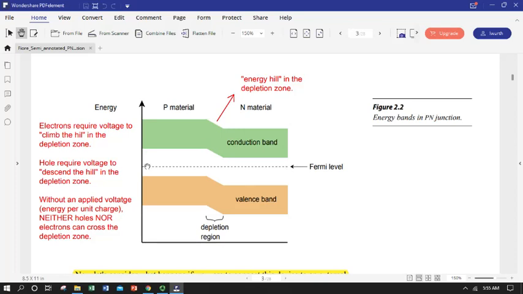Remember, in an N-type material, this Fermi level was really close to the conduction band because we created that donor level in the middle of the forbidden zone, so we could promote electrons to the conduction band really easily. We can see this over here. The Fermi level now is pretty close to the conduction band, because we've got those donor levels in there.